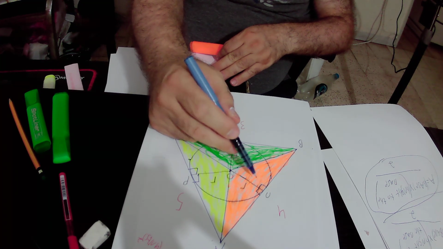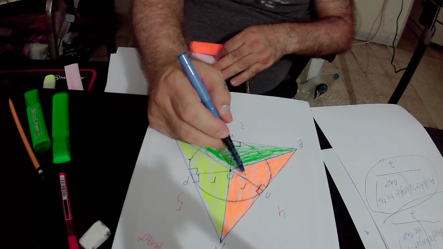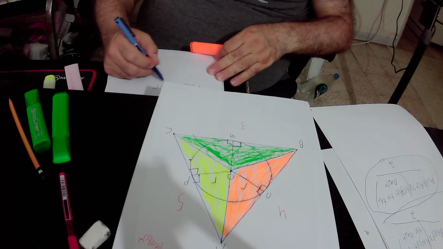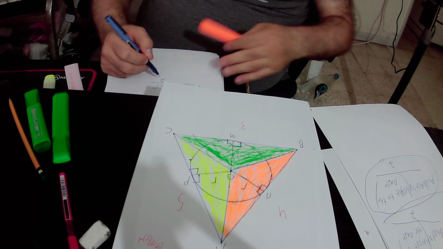The height to the base is actually the radius of the circle, so it is 4 times the radius of the circle, all divided by 2.